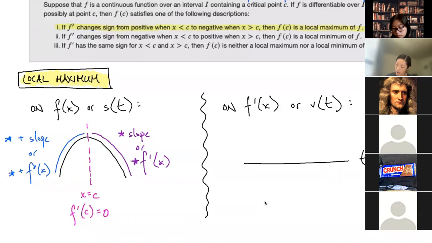I've got to go from a positive velocity to a negative velocity. Anybody want to take a stab at that? Maybe sketch a picture on here of what that might look like. We want to go from positive velocity to negative velocity.